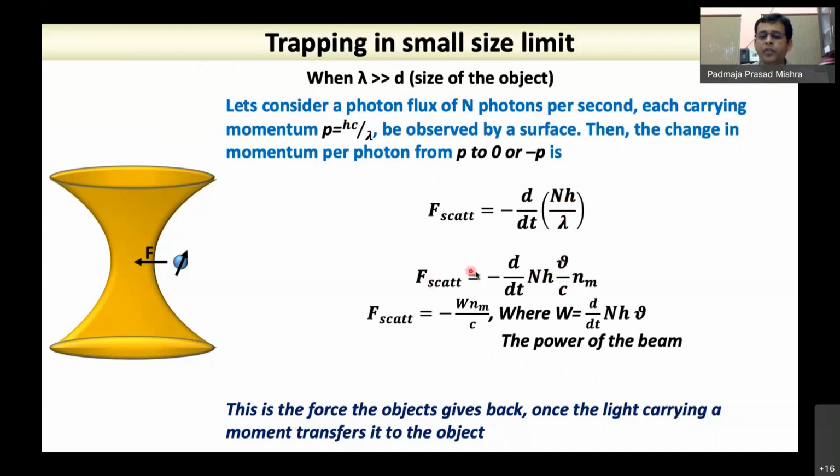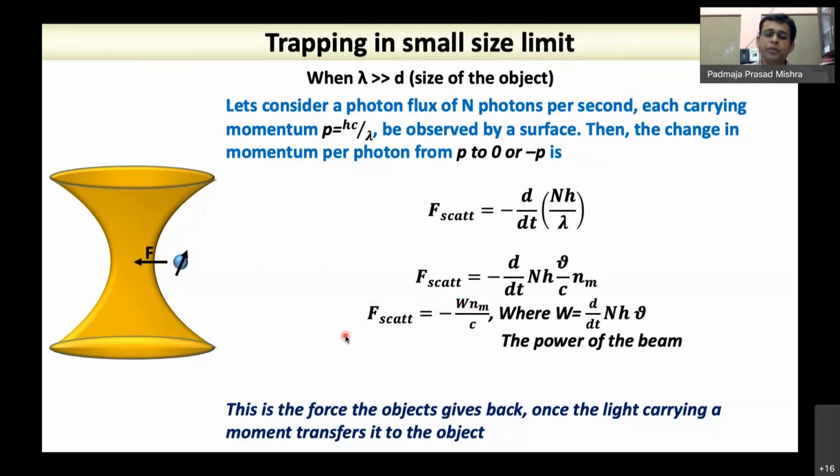So the scattering force becomes N h nu by c times nm, where nm is the refractive index of the medium. As d by dt of N h nu is the power of the beam, we can replace that with the power. So the scattering force becomes minus the power of the beam times the refractive index by c.